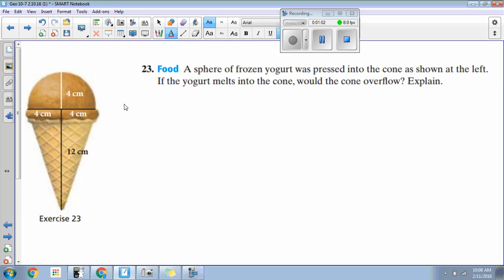You compare it to the volume of the cone. When you look at that cone, also a radius of 4, and we've got a height of 12. That volume formula is going to be 1/3 pi r squared h. Anyway, you compare the two volumes. The frozen yogurt volume comes out a little bit bigger, so it is an overflow.